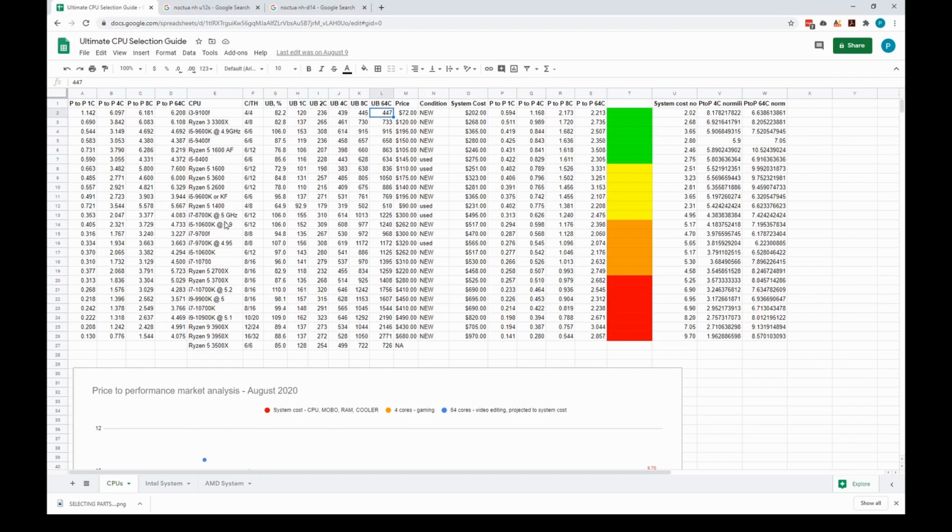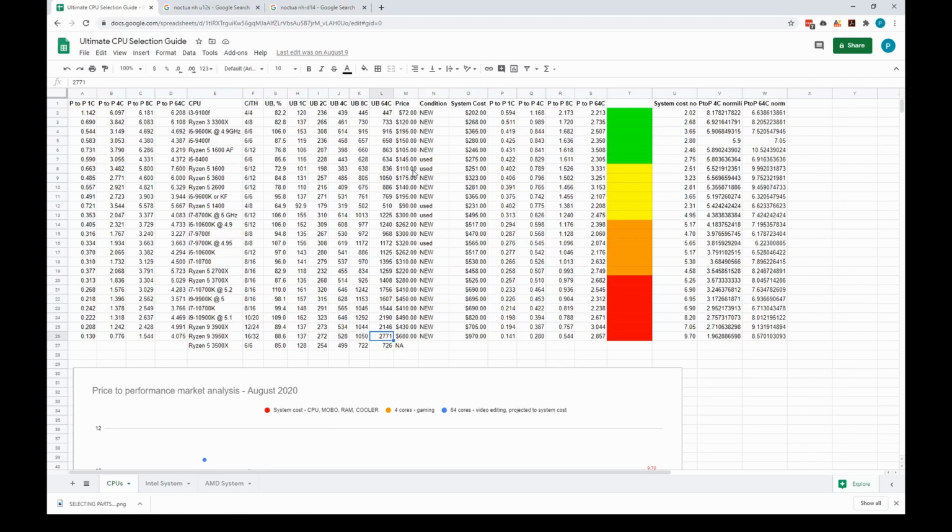Yeah, so let's see. This one has 16 cores, 32 threads, and single core is 137, and then 64 cores is just this giant monster number, 2771, the number one performer in terms of multi-core performance.